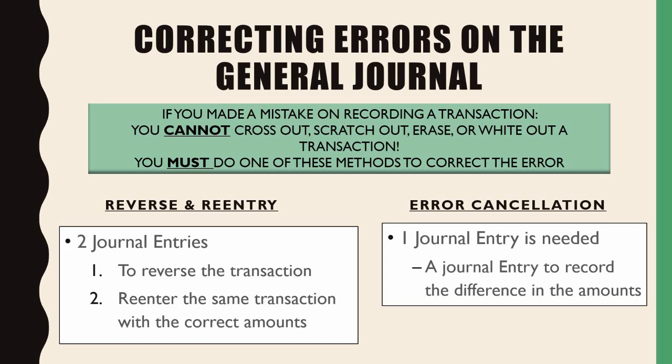You can't just delete it off of your books because you think you can. You have to be very careful because this is a company's means of spending the money, and you don't want to be liable for that error. So in this case, how do I correct them? I have 2 different methods. I have the reverse and re-entry method, and I have the error cancellation method.